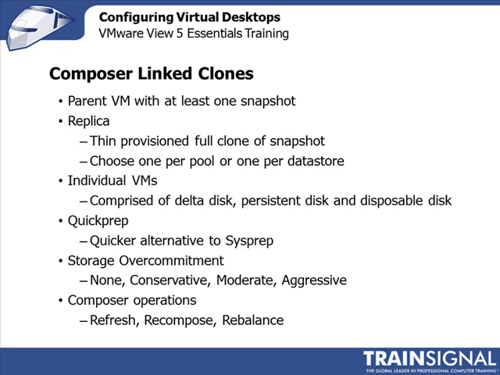And as I mentioned earlier, there are three different Composer operations. I like to call them the three R's: the refresh, the recompose, and the rebalance. So the refresh is essentially taking that delta disk and reverting it back to its default setting and size. So that way, over time, as it starts to grow, you can control that bloat of that delta disk by doing a refresh operation.